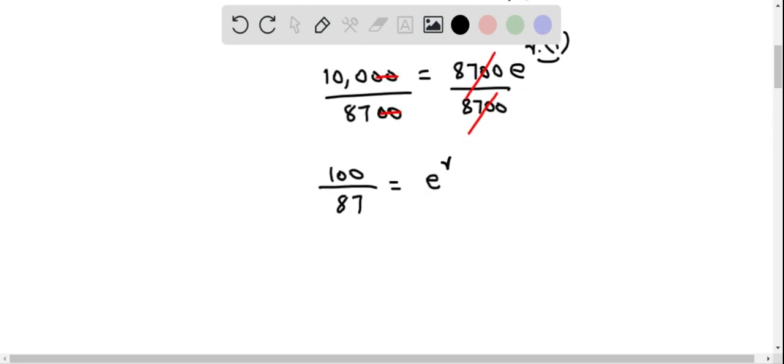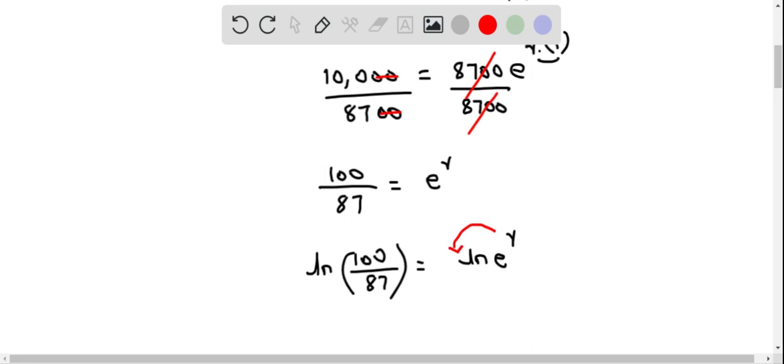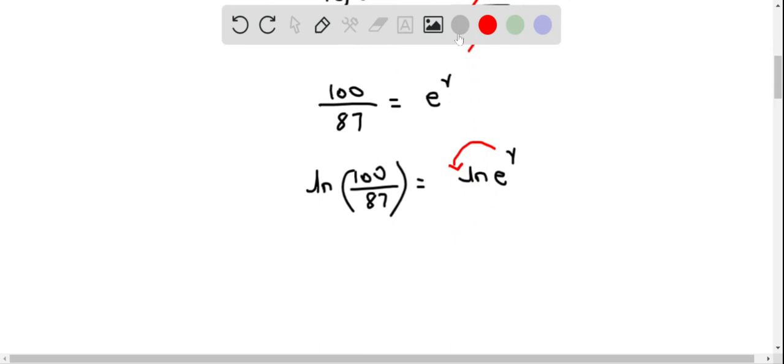Now to determine the value of r, we have to apply natural logarithm to both sides, that is natural logarithm of 100 over 87 equals natural logarithm of e raised to the power of r. Now using the power rule of logarithms, we can put this r in front. So the next step I can write this as natural logarithm of 100 over 87 equals r times natural logarithm of e.